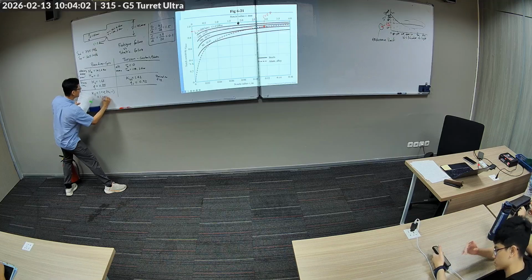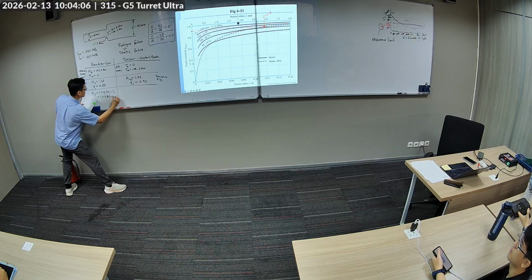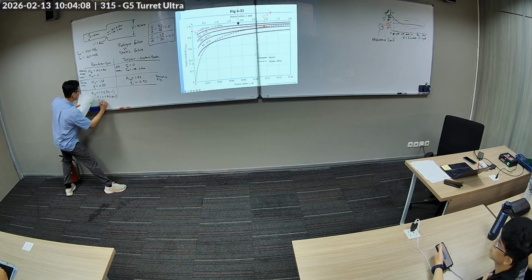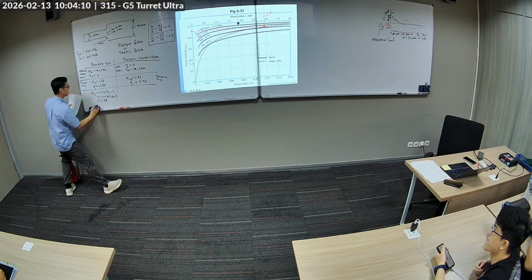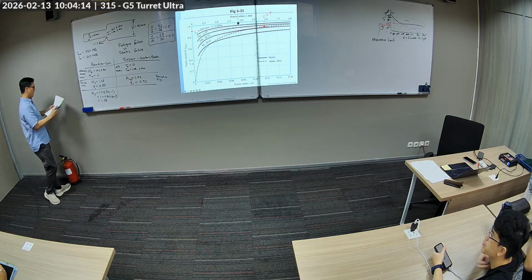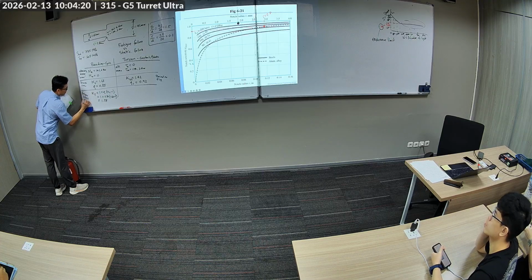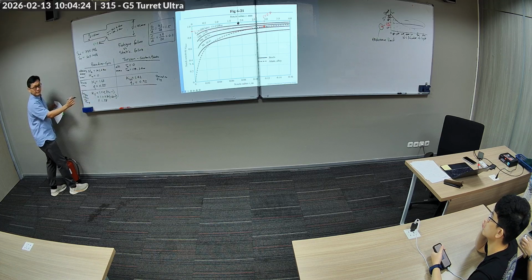So it's 1 plus 0.85 times 1.68 minus 1, and 1.58. So this is the stress concentration, the fatigue stress concentration factor for bending.